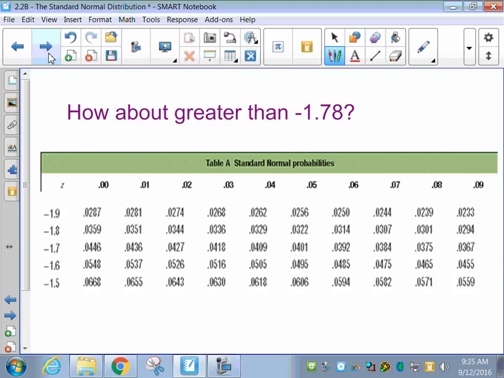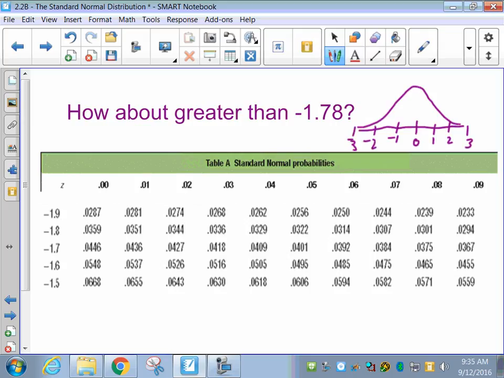Okay, what if I want to find out how much area under the curve is greater than negative 1.78? So again, let's draw our normal distribution. And I would like pictures on these, okay? I know it's kind of annoying after a while, but you got to get used to drawing it and visualizing it. So we've got 1, 2, 3 standard deviations above, -1, -2, -3.